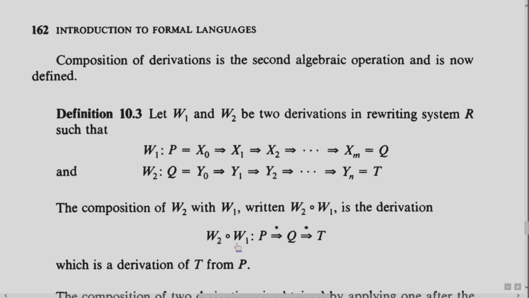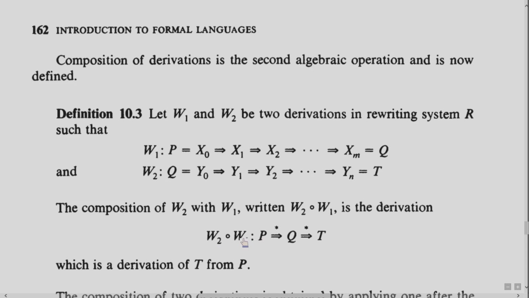So composition of W2 and W1 is written as this. So first derivation is written on the right hand side, and then this symbol of a small circle, and the second derivation on the left hand side. So this indicates composition of W1 and W2.